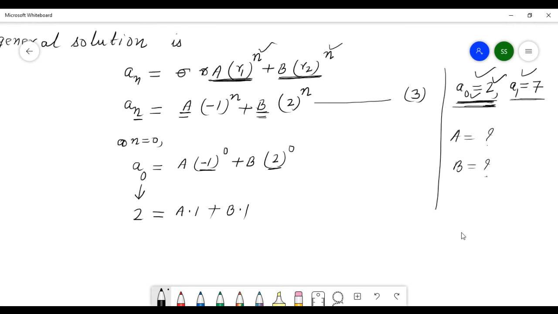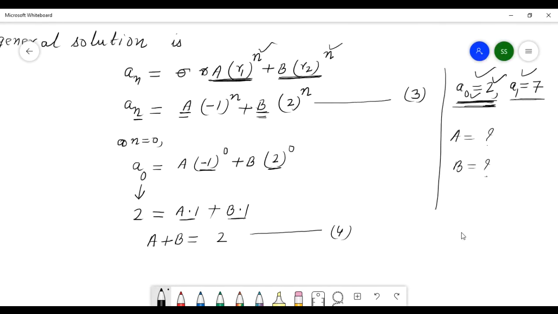Any number power 0 is 1. Okay. This becomes easy: A times 1 is A and B times 1 is B. It means this is A plus B equals 2. This is equation number 4.